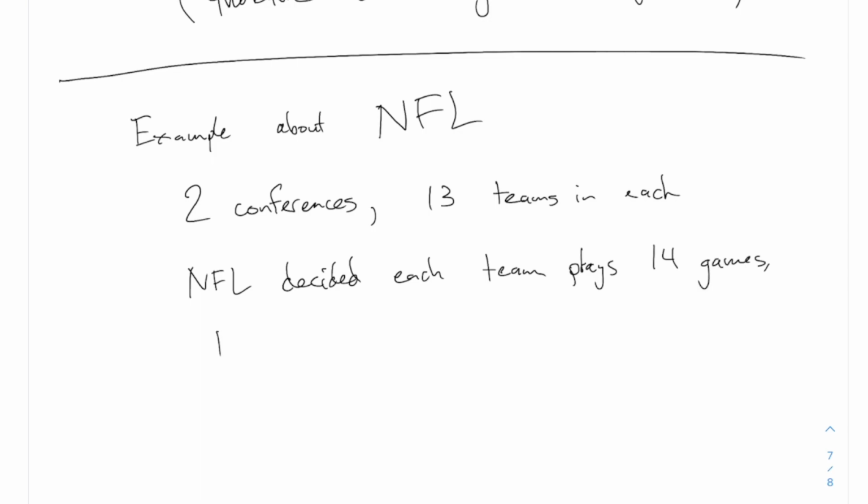And the rule, this was the idea behind the schedule. Before they made the specific schedule, they had to decide how many games we're going to play. They said each team should play 14 games, which would consist of 11 in conference and 3 outside conference.